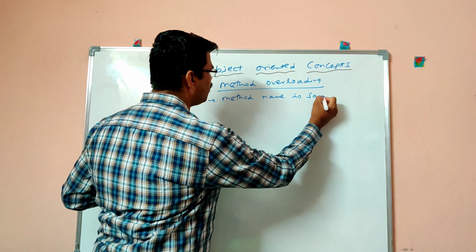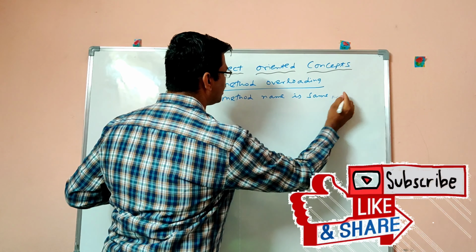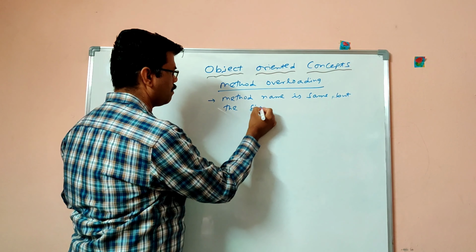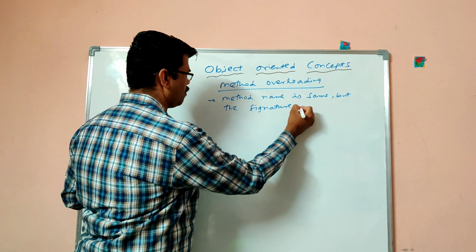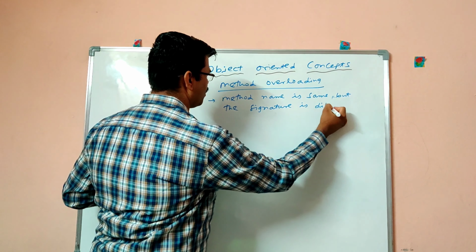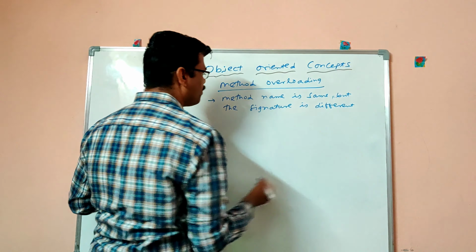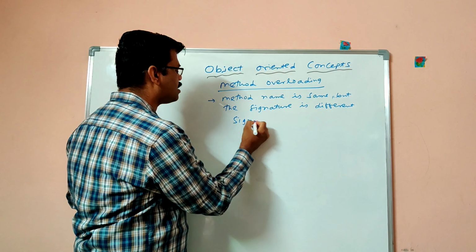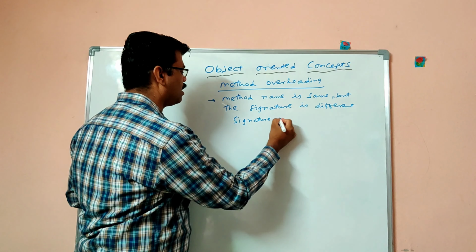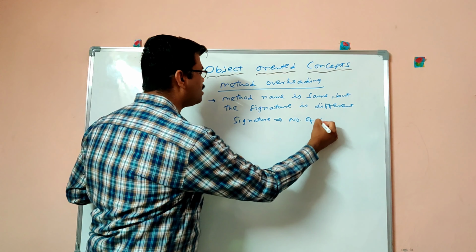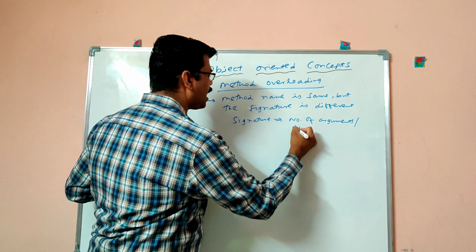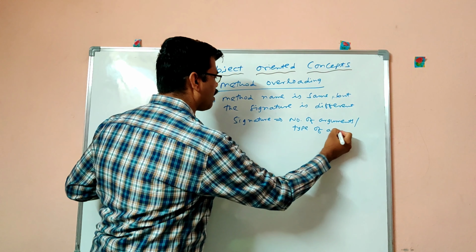Method name is same, but the signature is different. What does signature imply? Signature means number of arguments you pass to the method or type of arguments.